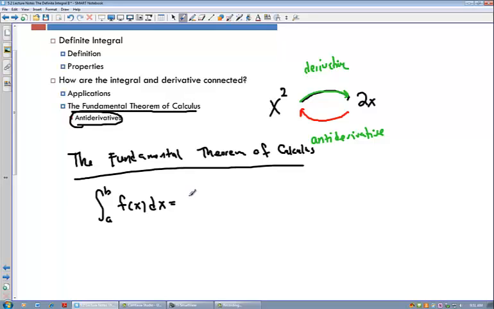can be computed by finding the antiderivative of little f. So basically you want to find the antiderivative, which we'll call capital F, and you can plug in the upper limit into capital F and subtract what you get when you plug in the lower limit into capital F, and that's going to give you your answer.